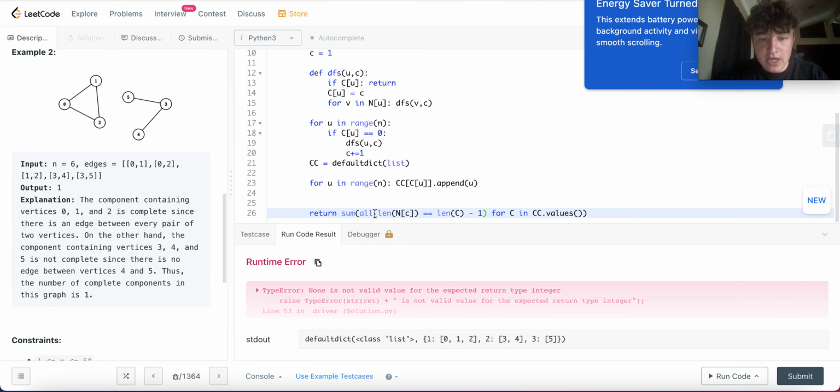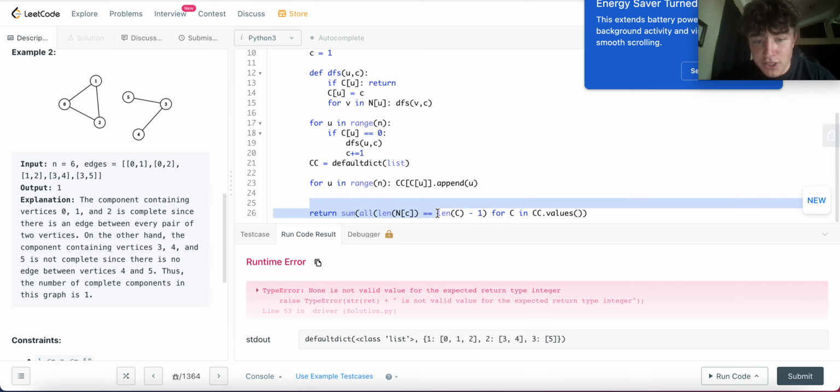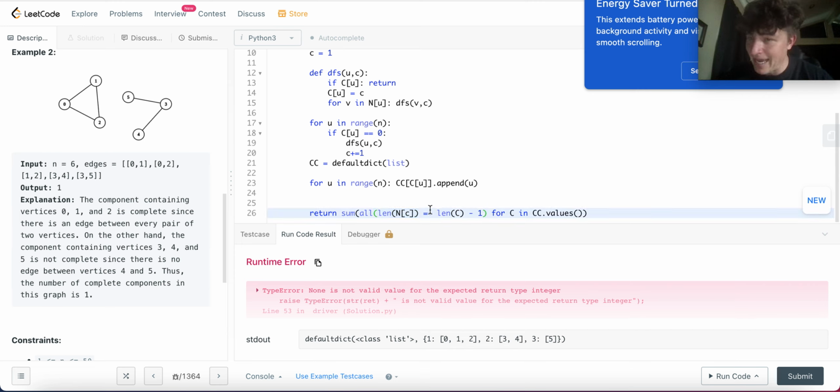So it's basically saying that I have all these elements together. Well, then the number of neighbors for each element must be the length of the component minus 1, because it should have a direct connection to all other neighbors within that component. There's length of C minus 1 neighbors, so I better have length of C minus 1 neighbors. Okay? So again, I really like how that was stated, right?